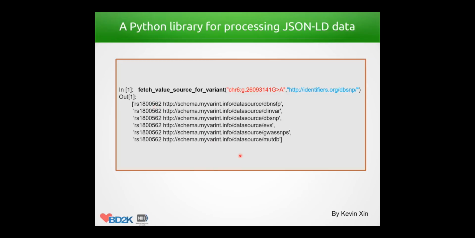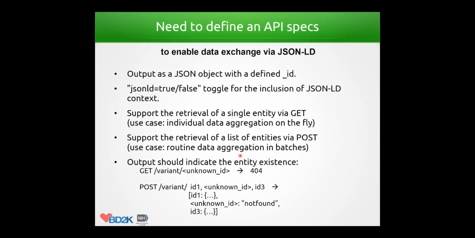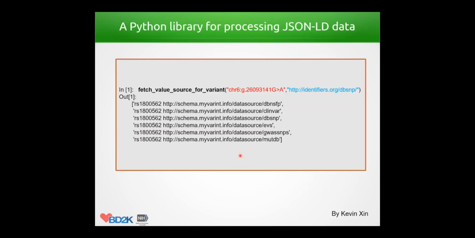And for us, this provides a way to, for example, if we want to aggregate the population genetics from another API, we can just routinely run this and generate a flat list of the population genetics, like allele frequency for each variant. Then by parsing this flat list, we can get the result back to merge it into MyVariant.info. It provides us a very generic and stable way to integrate this data.